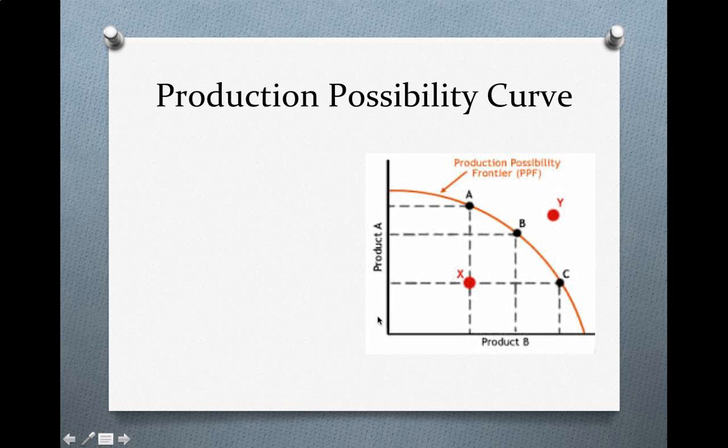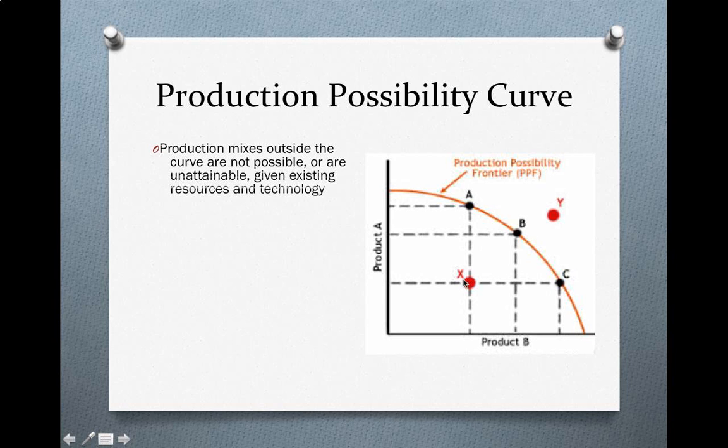And so we're looking at a picture here of a production possibility curve. And we have three different areas that we're going to look at: outside the curve, on the curve, and then actually inside the curve. So the first thing we're going to look at is outside the curve. Because when we are producing at our fullest potential and using all of our resources, we're actually producing on the curve, which means anything outside of this curve is an impossibility.